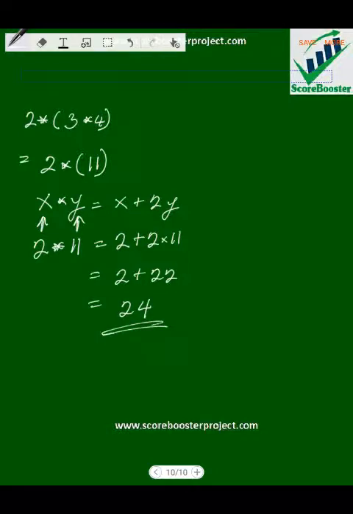That is the answer. As simple as that. Don't forget, a lot of steps you can jump when you are in JAMB. You can jump so many of these steps which I have shown here. So I hope this example is clear.